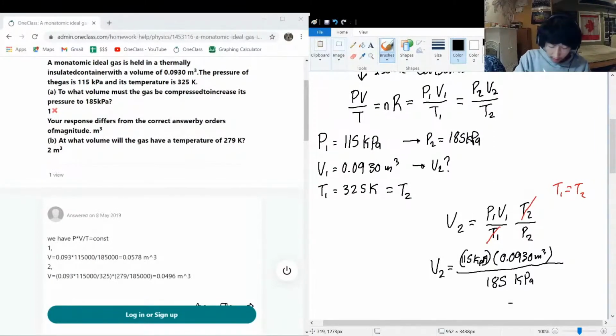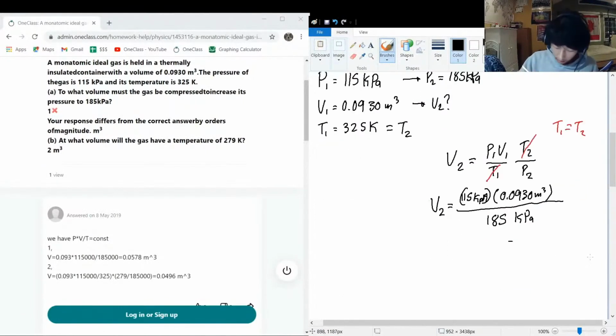All right, let's ask our handy dandy calculator to get the answer for us. 115 times 0.093 divided by 185. And that gives us a result of V2 equal to 0.05781 meters cubed.